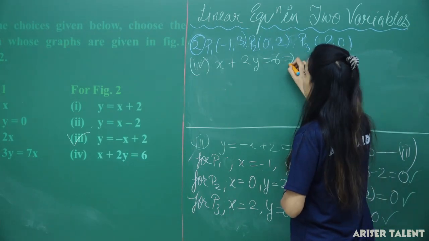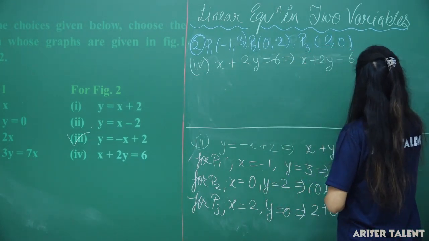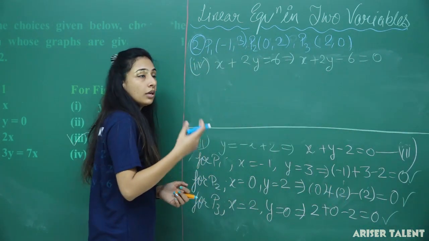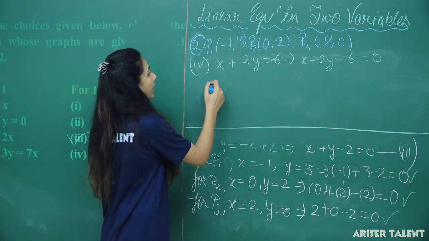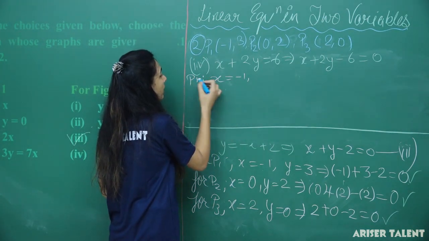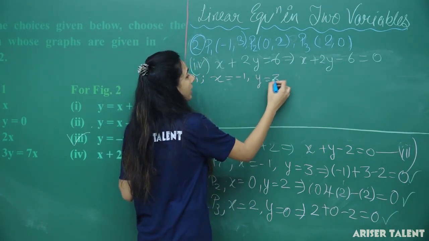Now, that will be converted into x plus 2y minus 6 equals 0. Now, students, what will it be? X equals minus 1 and y equals 3 for P1.